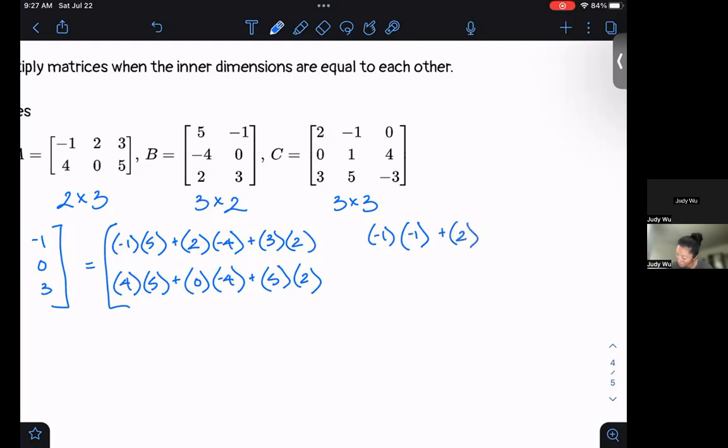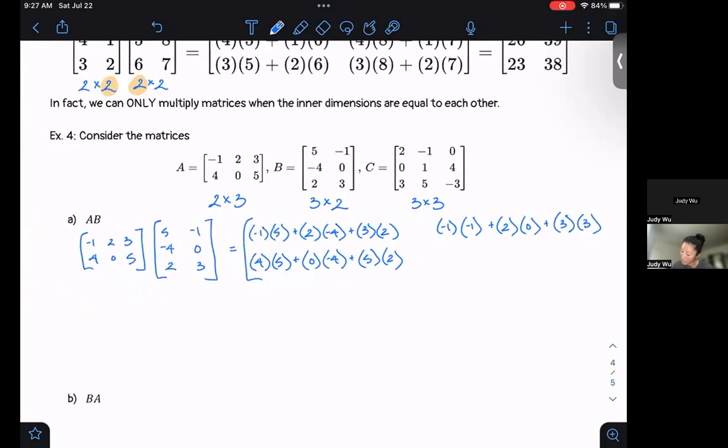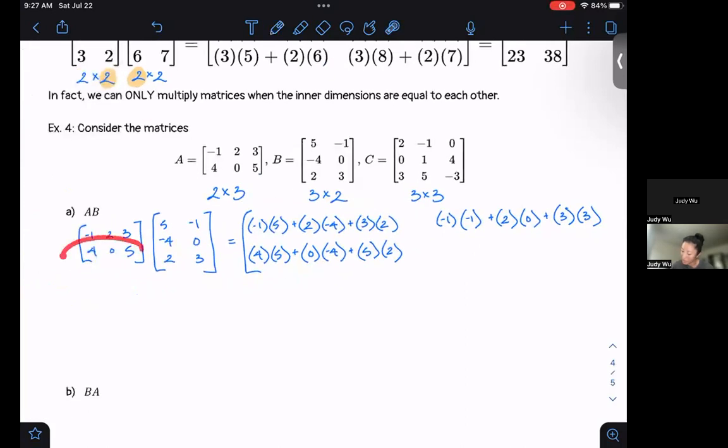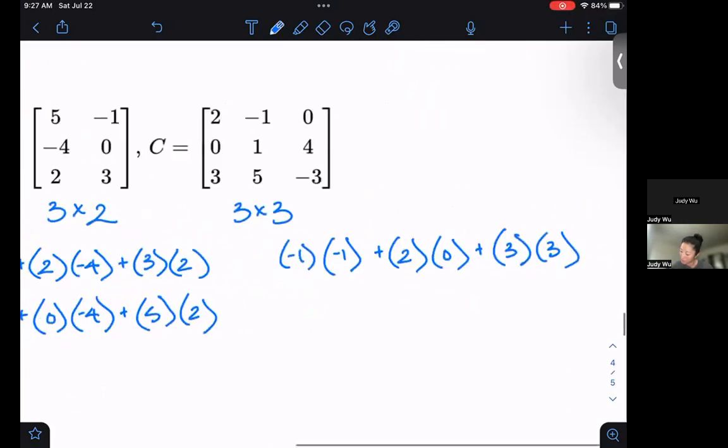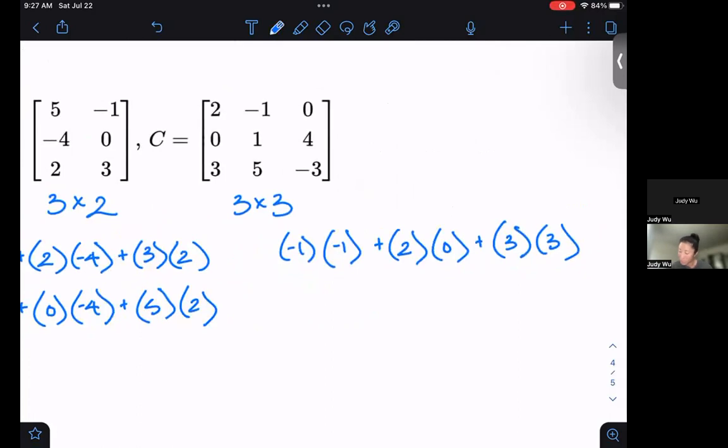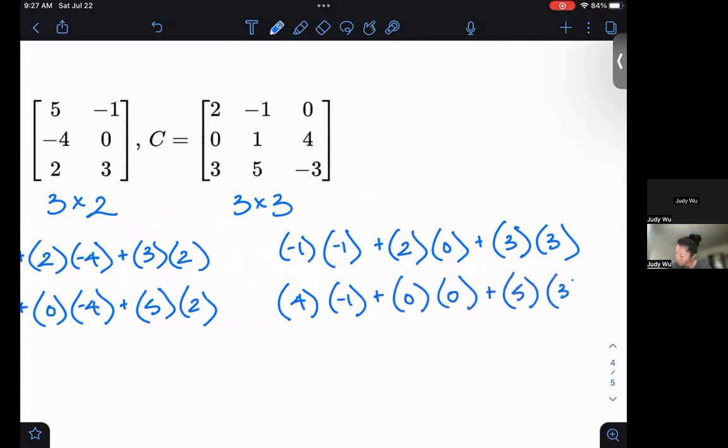And then to get the last entry, I take the second row and the second column and multiply them out. So second row: 4 times -1 plus 0 times 0 plus 5 times 3.